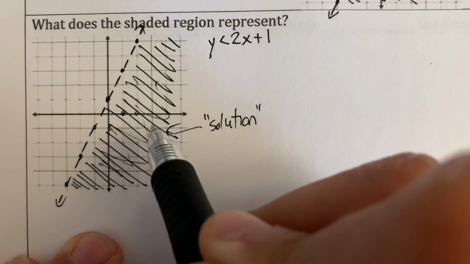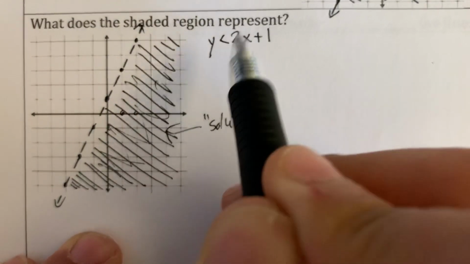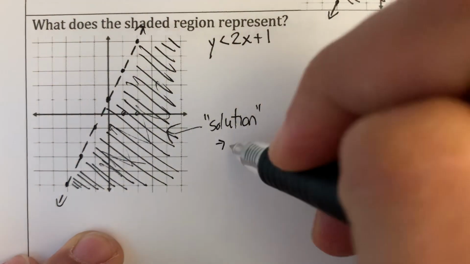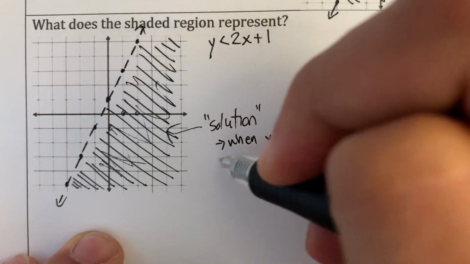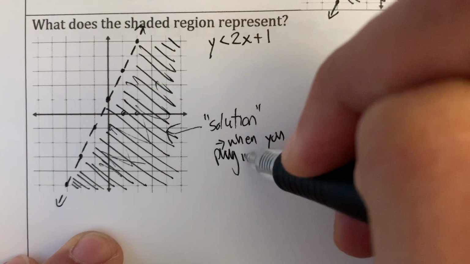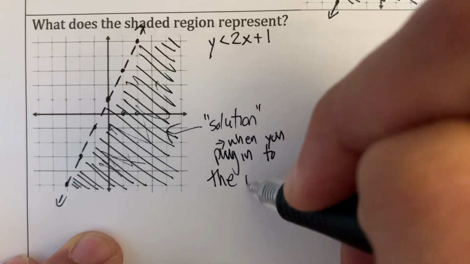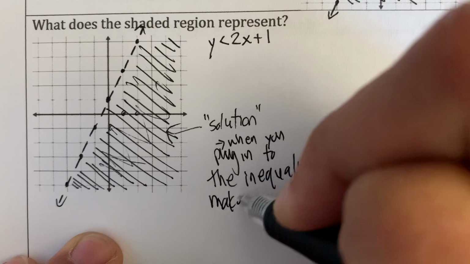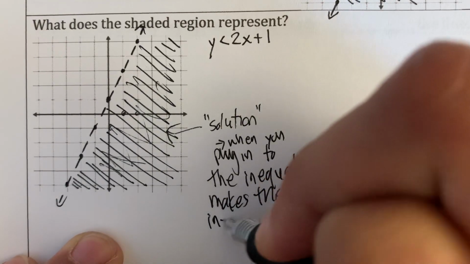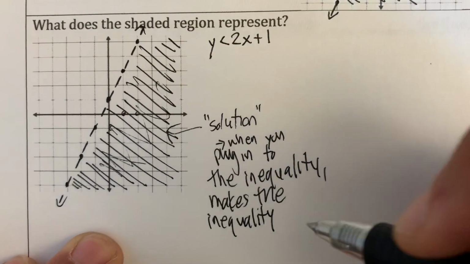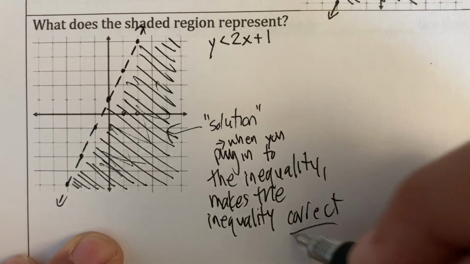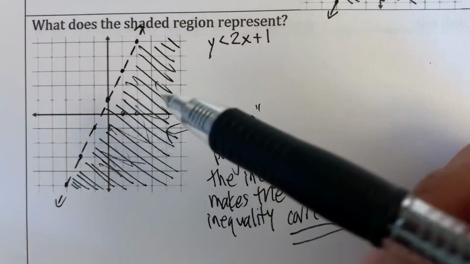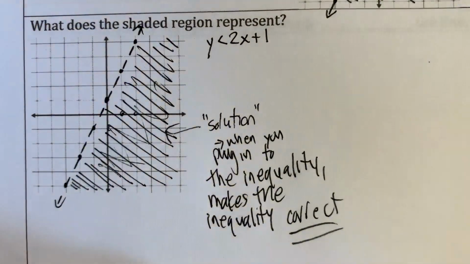And remember, a solution is a number that, when you plug it into your inequality, makes the inequality correct. So this is your solution set. We're going to go over two examples on how we actually figure out which side to shade based on this inequality here.